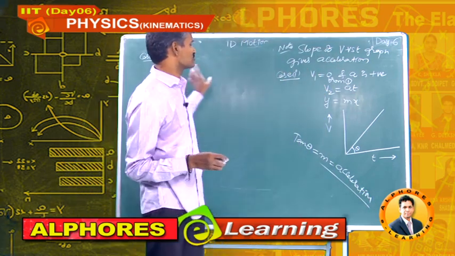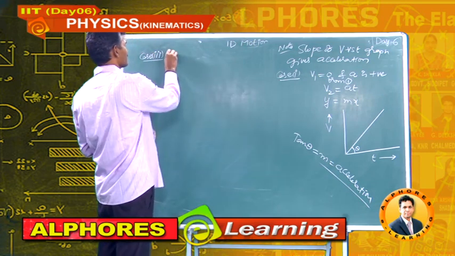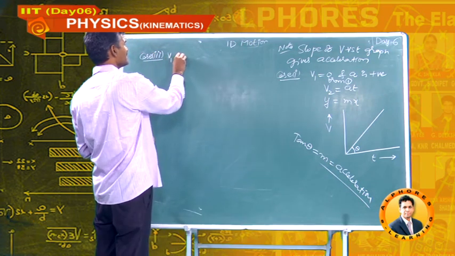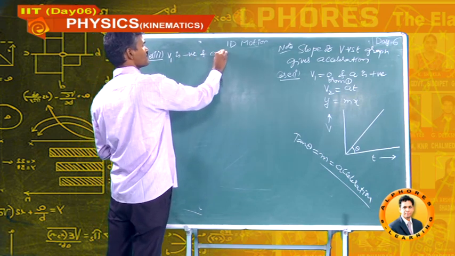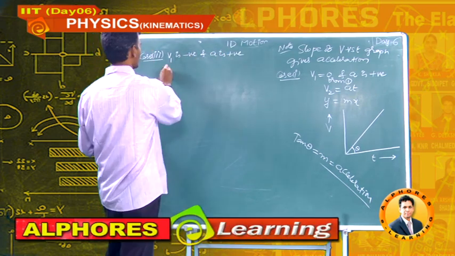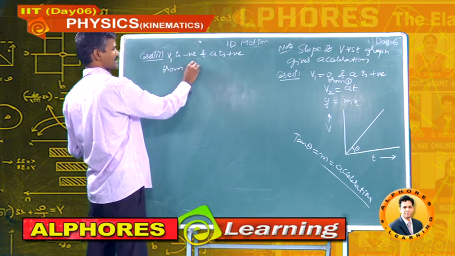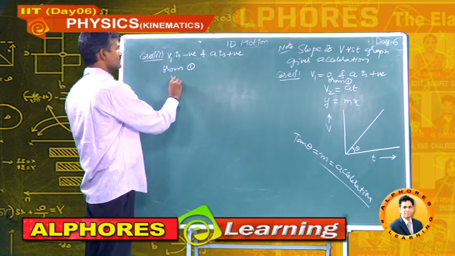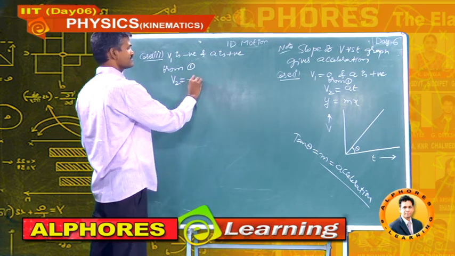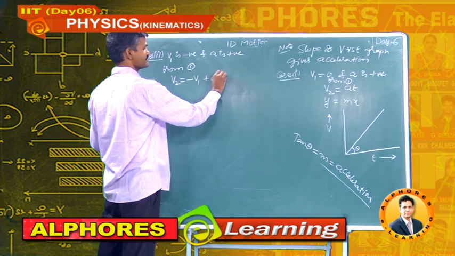This theta, tan theta is the slope m, that is nothing but acceleration. Students, I am considering the third case. If v1 is negative and a is positive, from 1 we can write this v2 is minus v1 plus at.